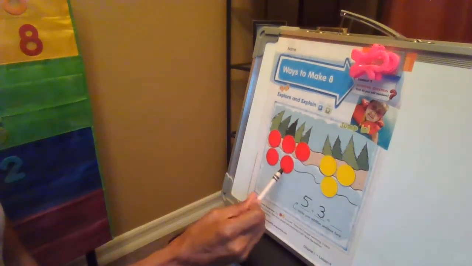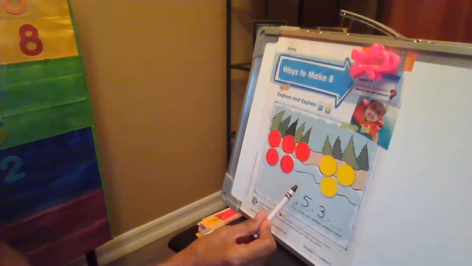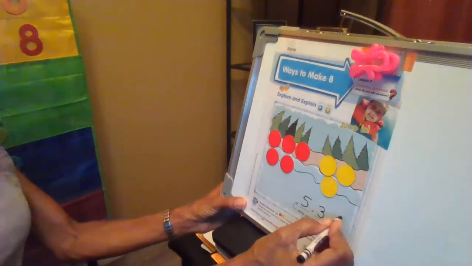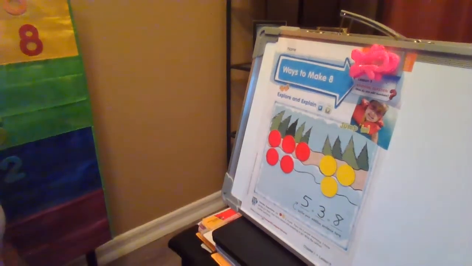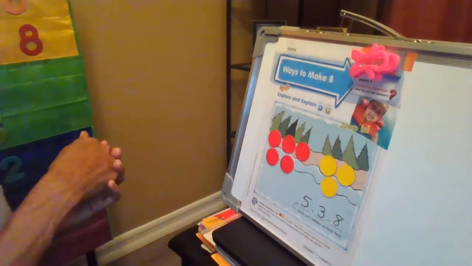We count them all. So we started with 5. We can use the count on method. We say 5, 6, 7, 8. But we won't have to start all over again at 1. Okay, so there are 8 people swimming in all. And here's my number sentence.